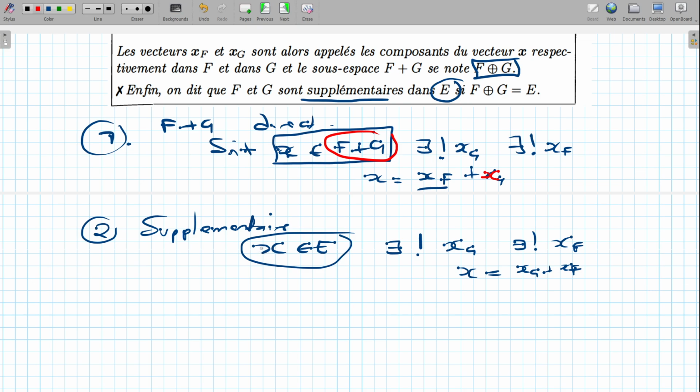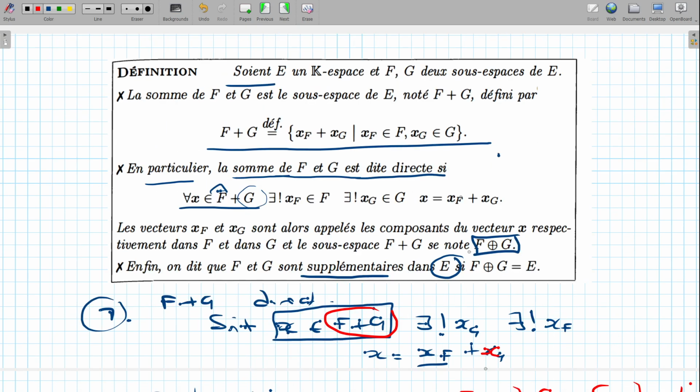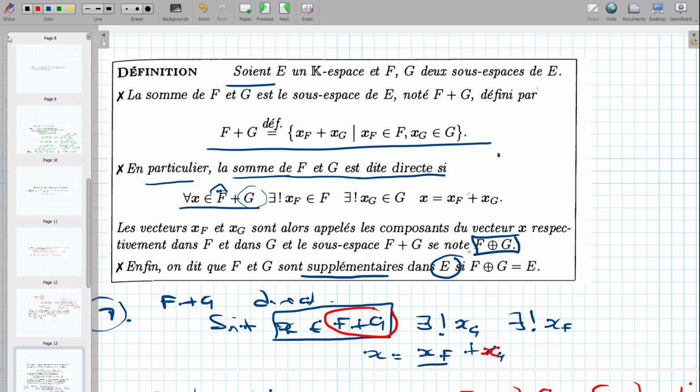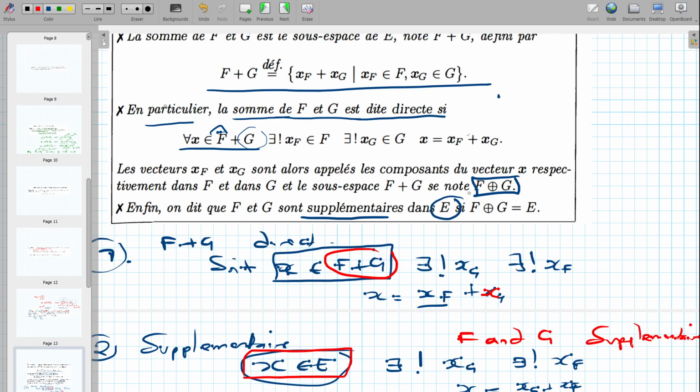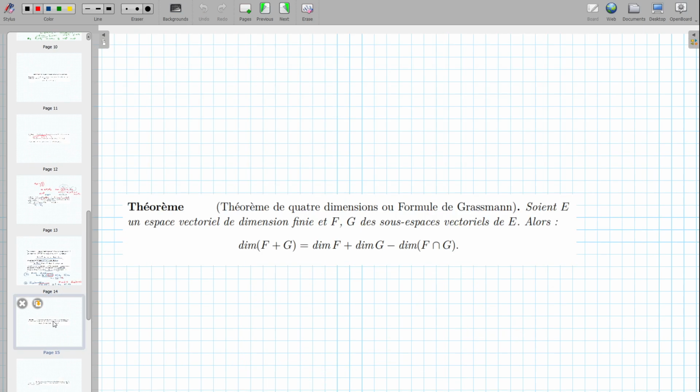But if we're talking about the elements of the parent space, which is E, if they are written in a unique way, if we now take the vectors from E, we also find that they are written in a unique way, xG plus xF, then the two subspaces F and G are going to be supplémentaires. So hopefully you get that. So that is about la somme directe and the difference between just having the sum and la somme directe, and then also the condition of supplémentaire.